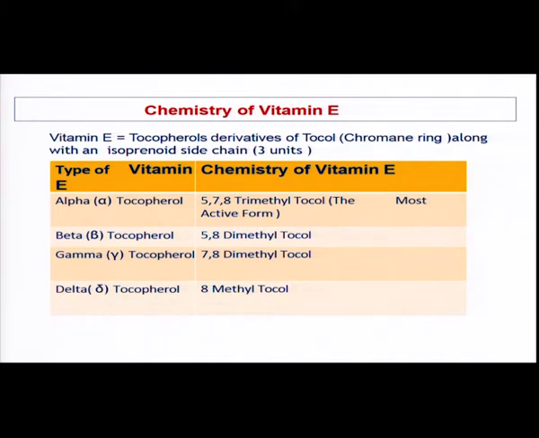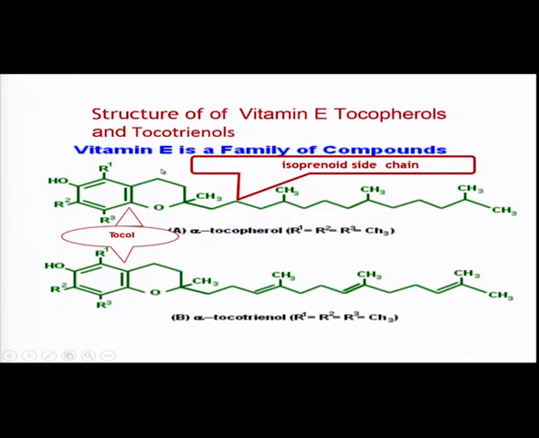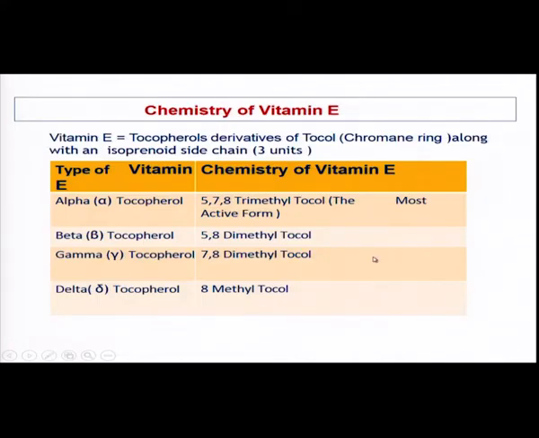Then gamma tocopherol is again a dimethyl derivative with a hydroxy group and methyl groups in the 7th position and 8th position. In delta tocopherol it is a monomethylated derivative, only in the 8th position. So, you see that more methyl groups in the structure of the tocol nucleus contribute to an increase in the activity of vitamin E, although essentially all these 8 categories of vitamin definitely have a biochemical role to play and their function is almost synonymous.